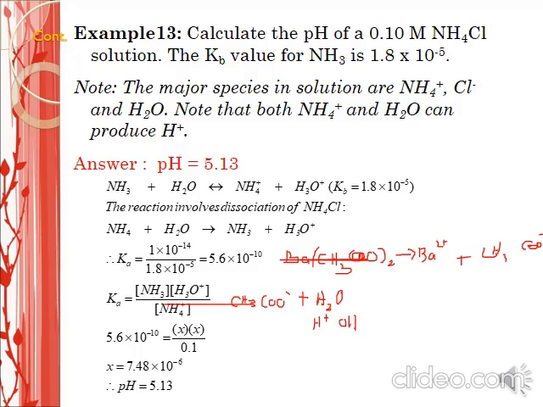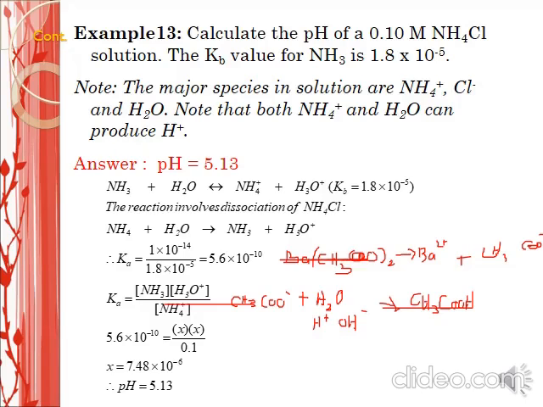So which one will react with the CH3COO minus here? Of course, H plus. So you get CH3COOH. Now this CH3COOH, what type of acid is this? It's a weak acid.